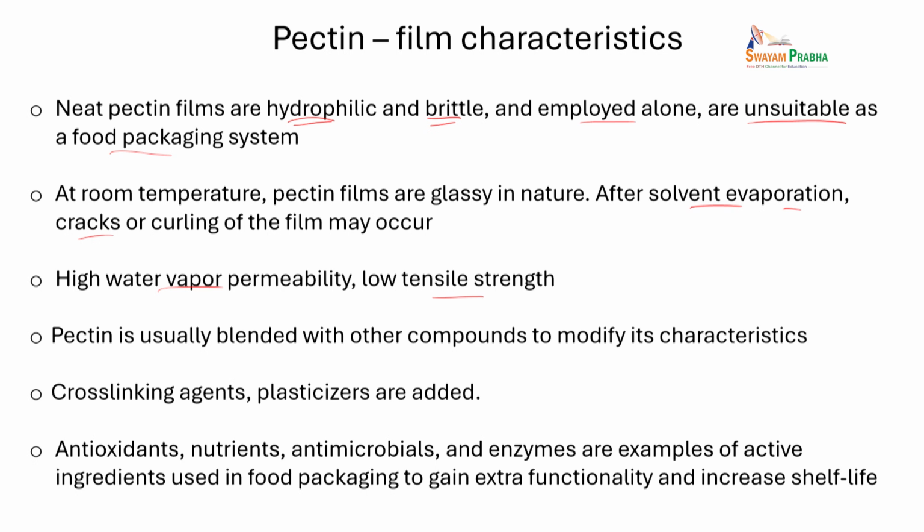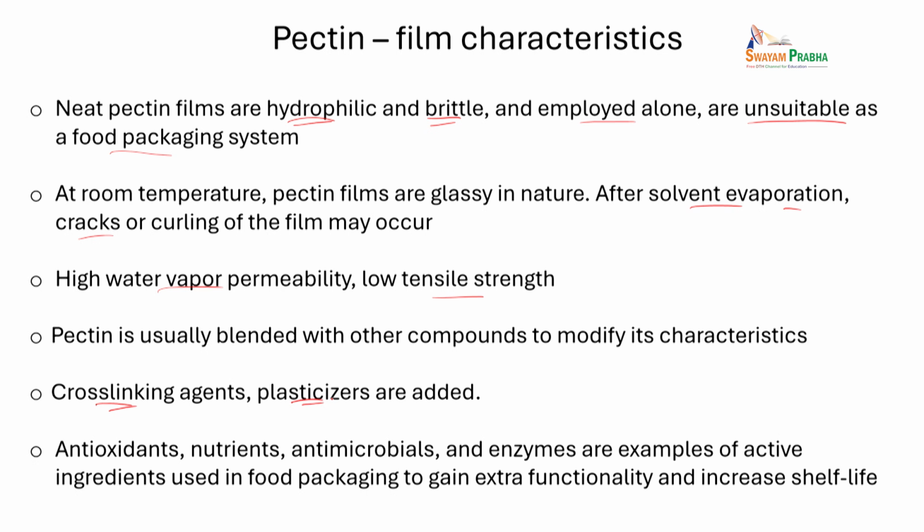Therefore, if you want to use pectin for food packaging applications, you have to modify it with certain additives. For example, usually a cross-linking agent is added, so that the chains in the pectin film can interlock or cross-link and give better mechanical properties. Sometimes you would use plasticizers.